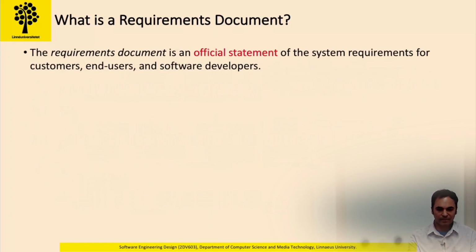So as I mentioned before, there should be an outcome, and the ultimate outcome of the requirements engineering process is basically the requirements document. So we want to produce a final document that is official, of course, that gives you everything about your requirements.